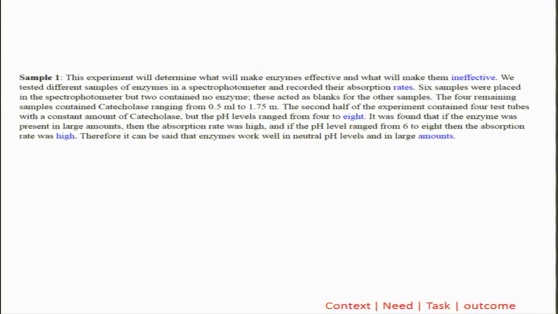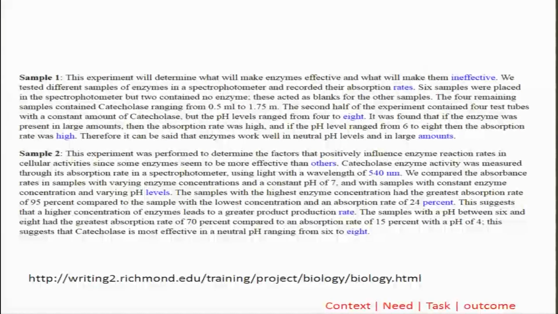So, these are some of the examples I am showing here. This is sample 1, which talks about a finding, and the second one is about the same finding but written in a different way. Let us see what they are. Sample 1 says, this experiment will determine what will make enzymes effective and what will make them ineffective.